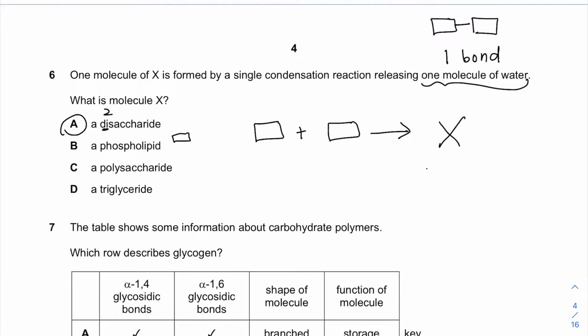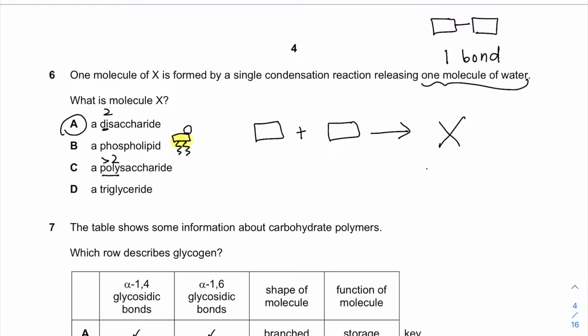A phospholipid would be incorrect because you have the phosphate group, the glycerol, and also two fatty acid chain. So if X is phospholipid, to form a molecule of X, you would require two condensation, one for each fatty acid. Same goes for a polysaccharide.